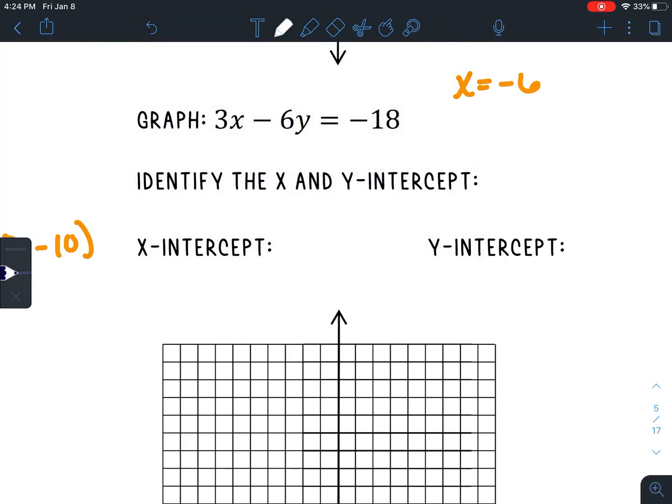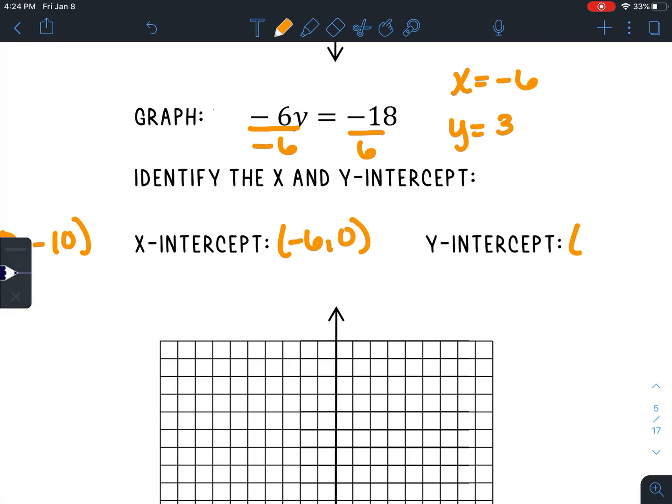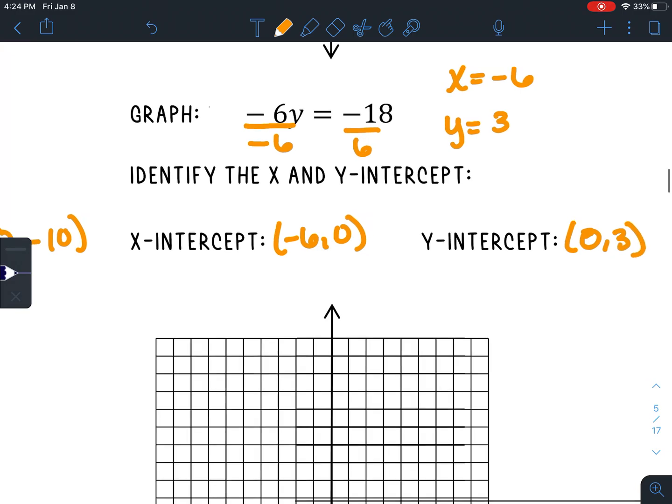Now I'm going to cover up my x and divide both sides by -6. So that gives me y equals 3. So the x-intercept is -6, 0, and my y-intercept is 0, 3.